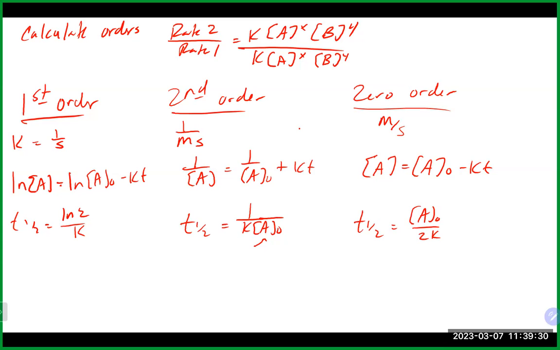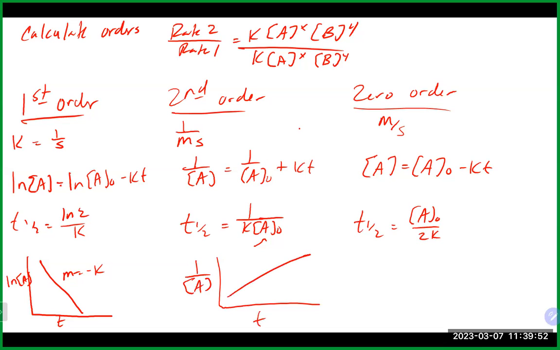There are some graphs that specifically go with these, and these are typically straight line graphs. The natural log of A versus time will give you a linear line, where the slope is equal to minus the rate constant. For second order, we graph 1 over the concentration versus time. That will give us a linear line where the slope is equal to k.